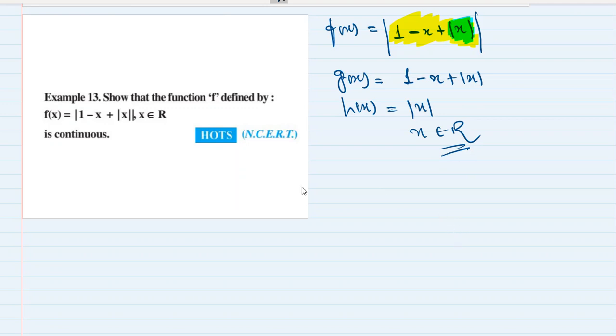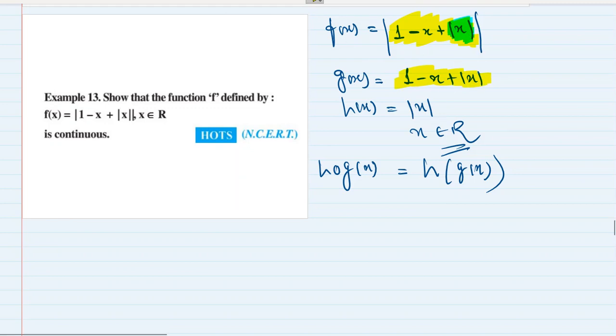Now if I ask you what is hog of x, hog of x can also be written as h of g of x. h of g of x means you put this whole thing into the other function, that is mod of x. If you put g of x in the place of x, you get h of g of x.